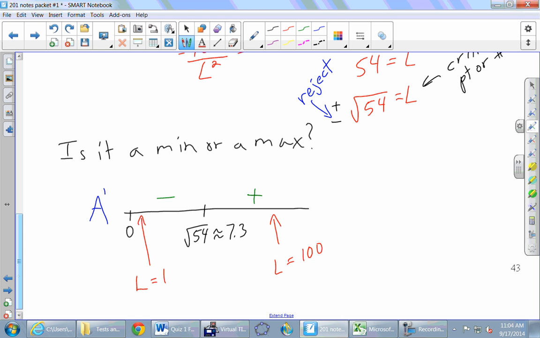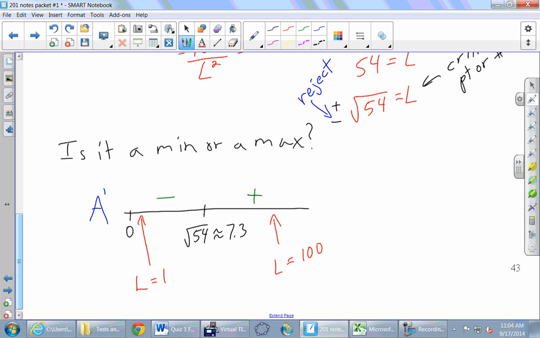So what we're looking at here is that A prime goes from negative to positive right there at the 7.3, which means the A function, the original function, goes from doing what? Decreasing to increasing. And if you have a function, just imagine, decreasing to increasing, what are you looking at? At the critical point, you're looking at a minimum. And this is the calculus justification that we've actually found a minimum.